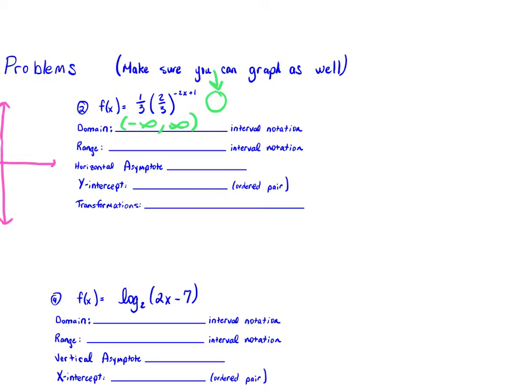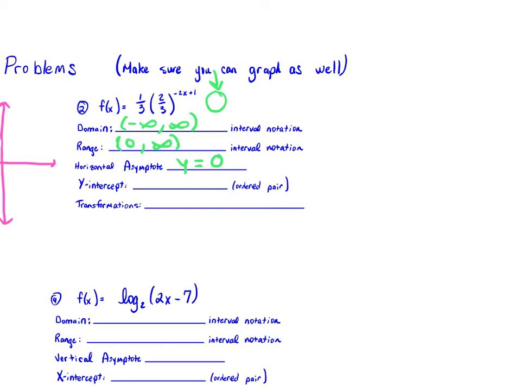Do we have a number being added out here? No. So then our range and our horizontal asymptote don't change from our parent function. So our range is going to be 0 to infinity. And our horizontal asymptote is what? Y equals 0. Y equals 0.